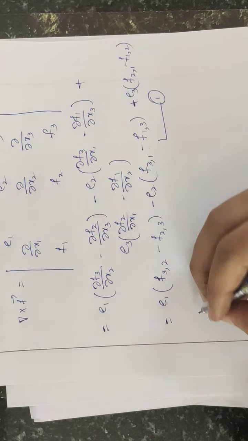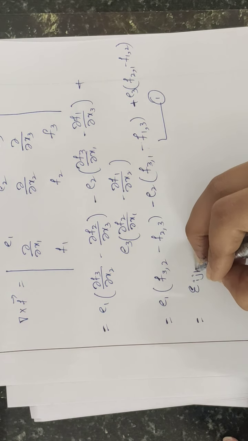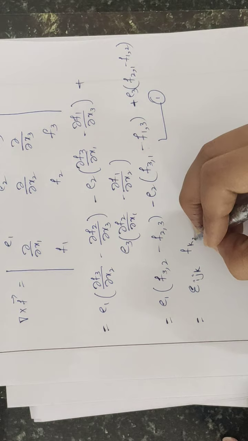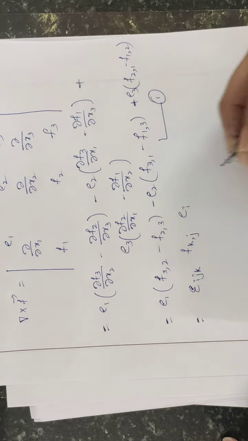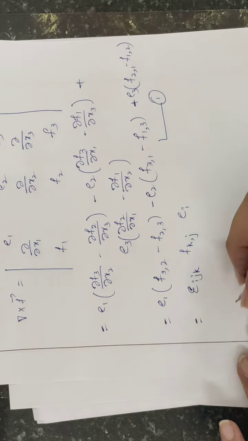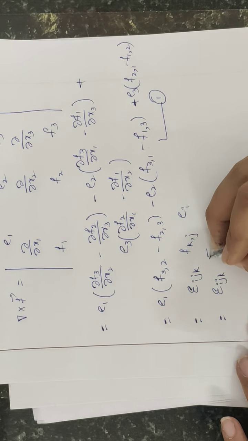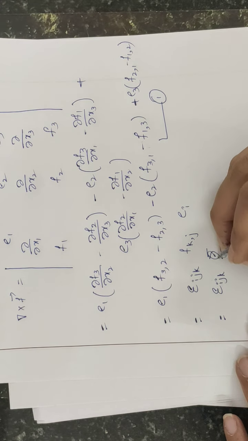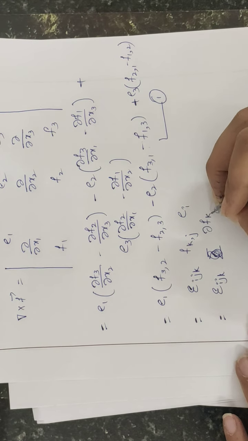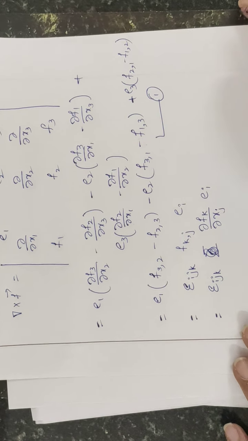In general we can write this as epsilon i j k f k comma j e i, or this is nothing but epsilon i j k summation dou f k by dou x j into e i.